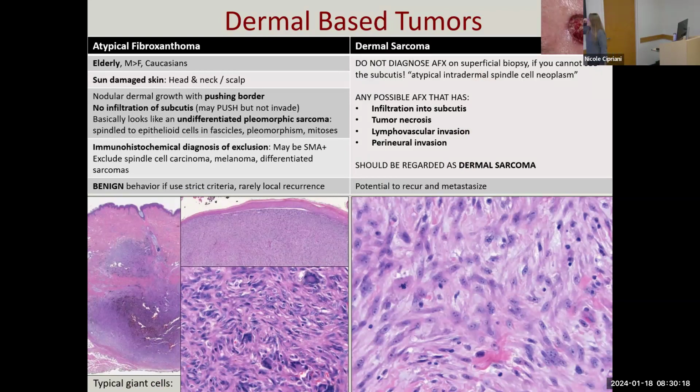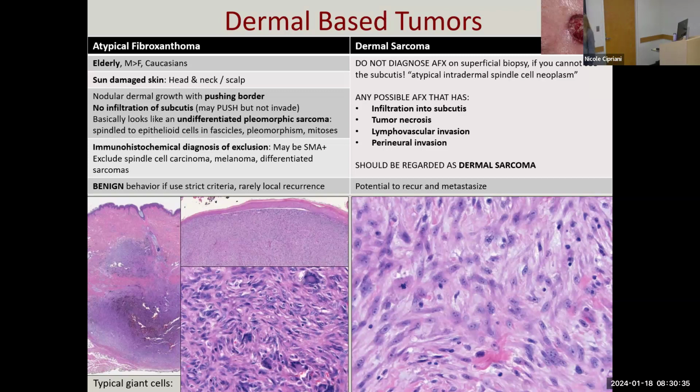It's thought that atypical fibroxanthoma characteristically is restricted to the dermis, and may have a pushing border at the bottom that pushes into the subcutis but does not infiltrate.